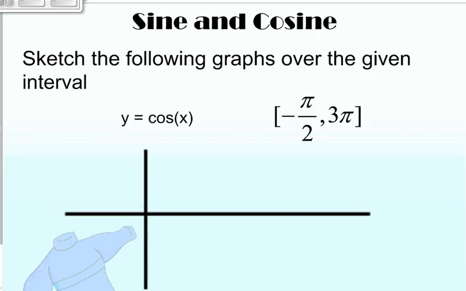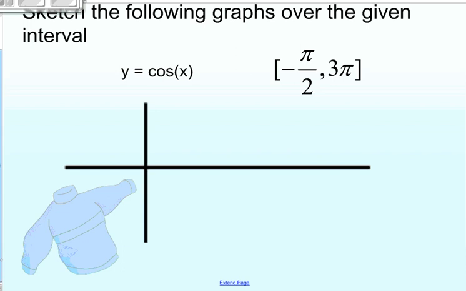Let's look at this for cosine. We've got a different interval here. We're going from negative pi over 2 to 3 pi. Again, my increment, I'm still going to use pi over 2 because it's easy. So negative pi over 2 is on the left side, and then I've got my 0.